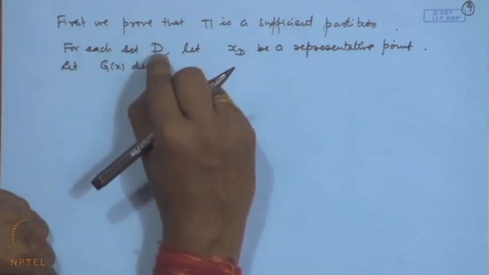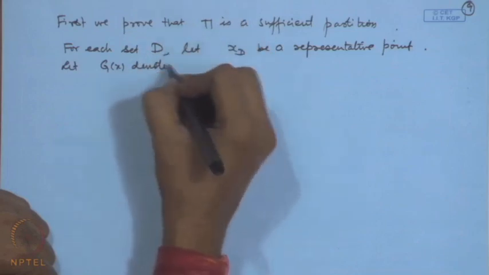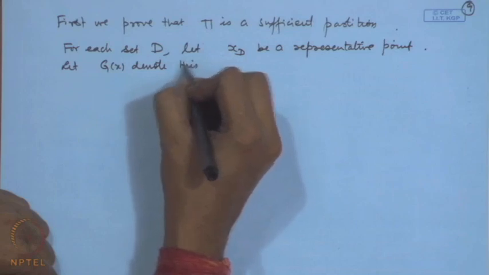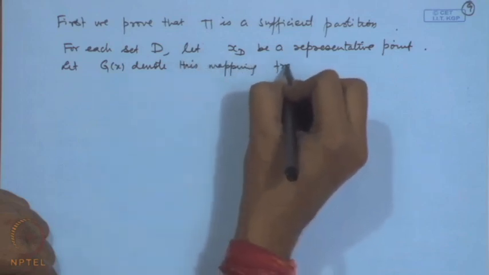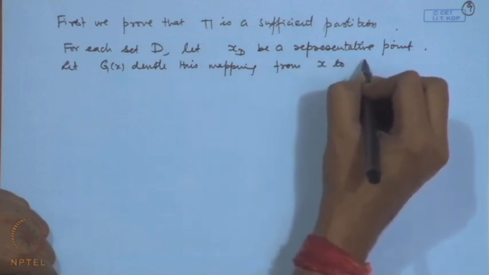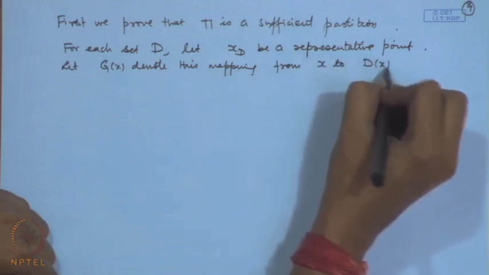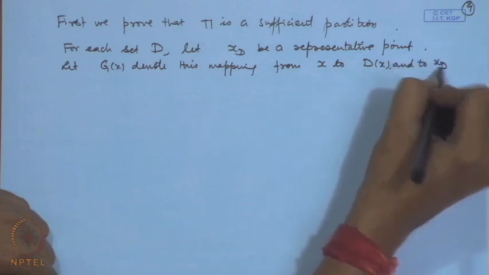That means, from D to x_D we are having a mapping. So, let g(x) denote this mapping from x to D(x) and to x_D.